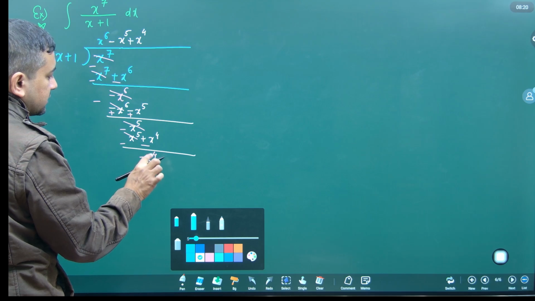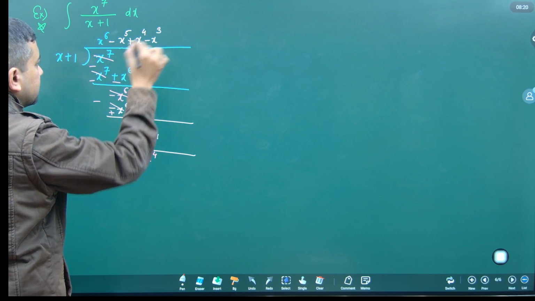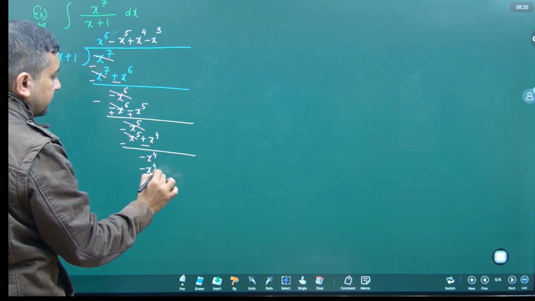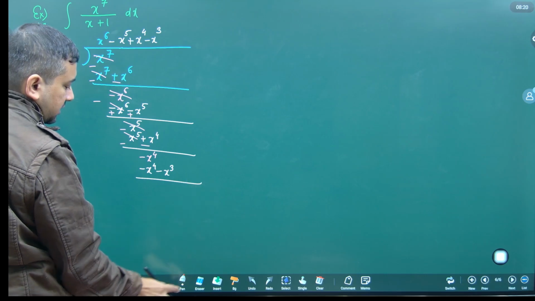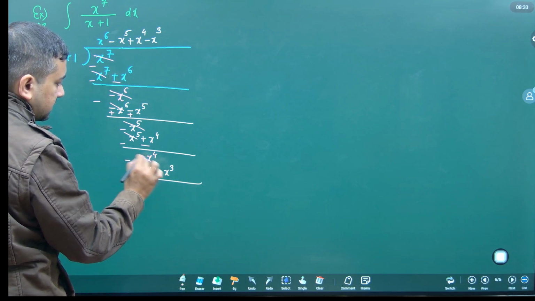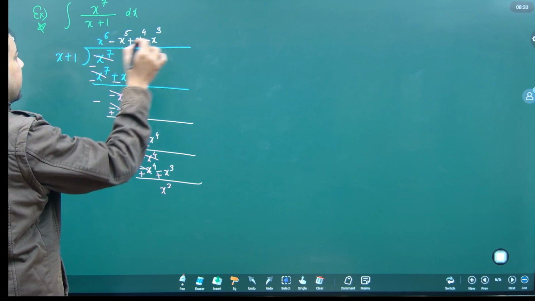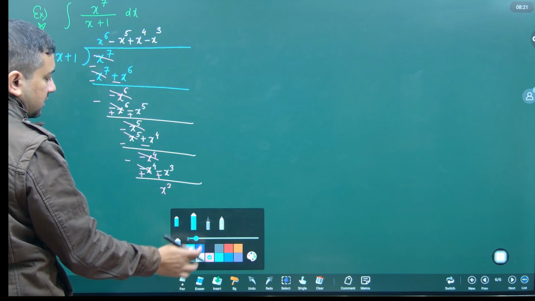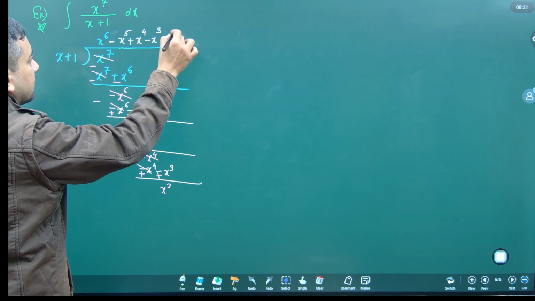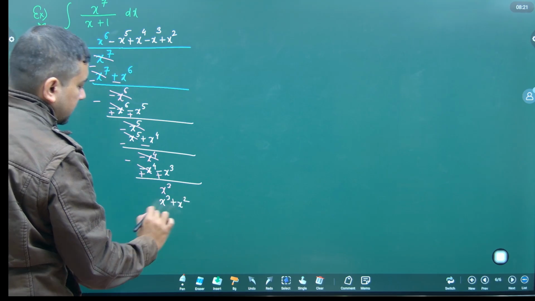Again minus x to the power 4 divided by x, minus x cube, multiply this, minus x to the power 4 minus x cube, correct? So, if you carry subtraction, this becomes plus, this gets cancelled, x cube divided by x, how much is it? Plus x square, multiply these two, x cube plus x square.